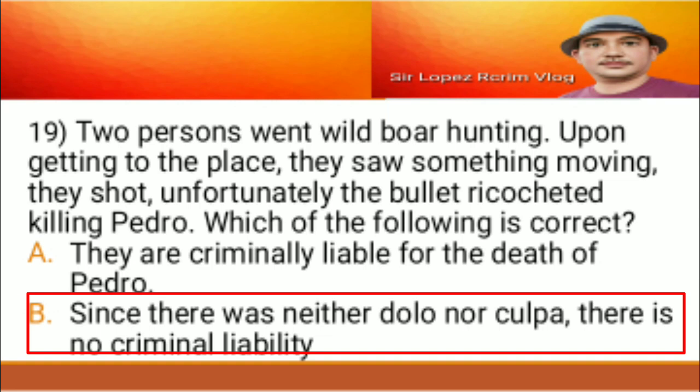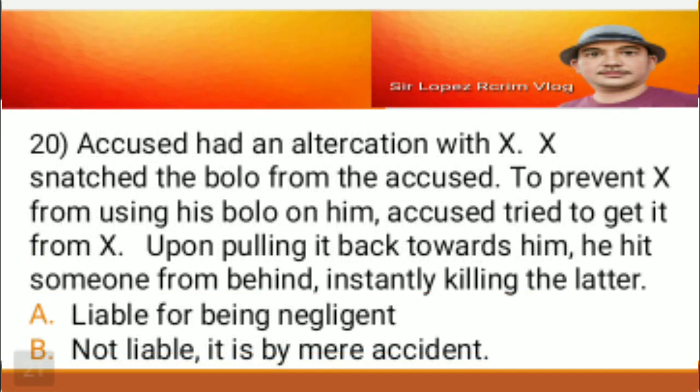Okay? Number 20. Accused had an altercation with X. X snatched the bolo from the accused. To prevent X from using his bolo on him, accused tried to get it from X. Upon pulling it back toward him, he hit someone from behind, instantly killing the latter.